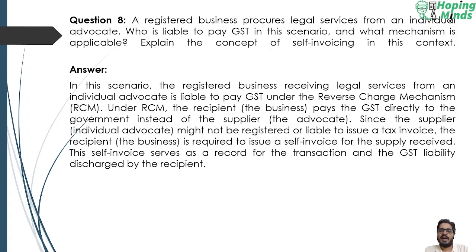In this case, advocates are the supplier of services. Since the supplier, that is an individual advocate, might not be registered or liable to issue a tax invoice, the recipient, that is the business, is required to issue a self-invoice for the supply of services received. This self-invoice serves as a record for the transaction and the GST liability discharged by the recipient.